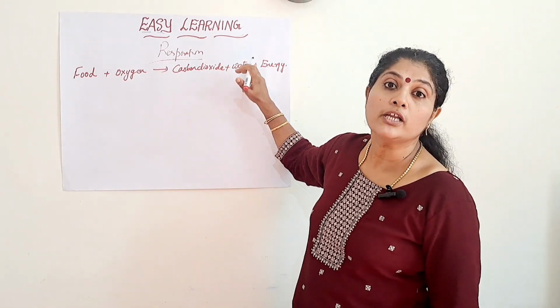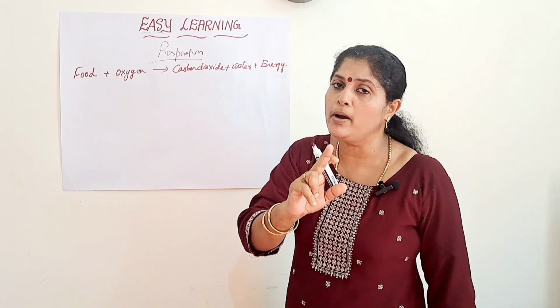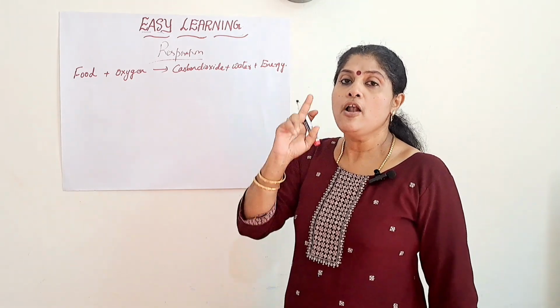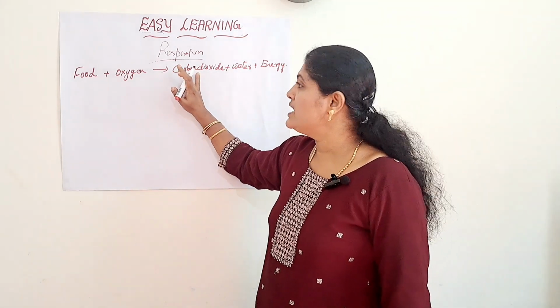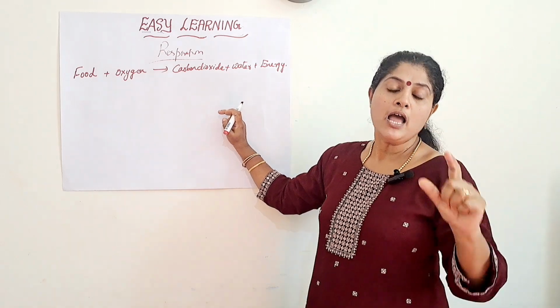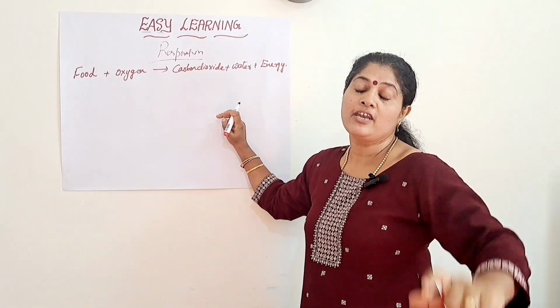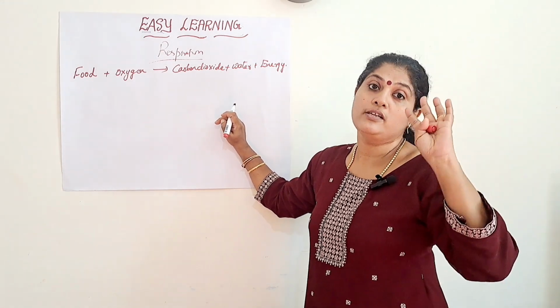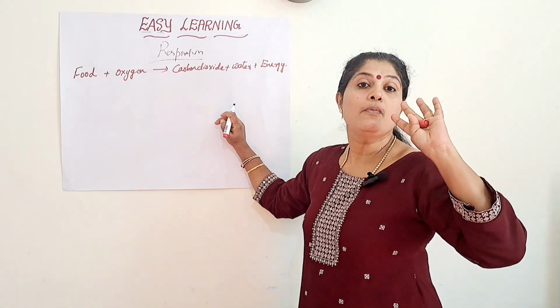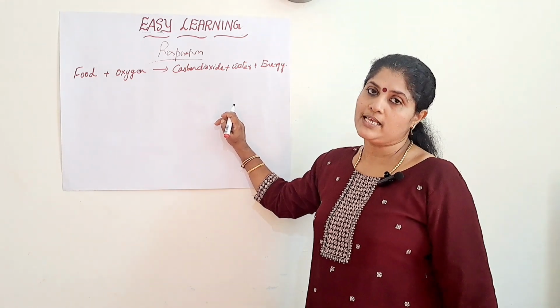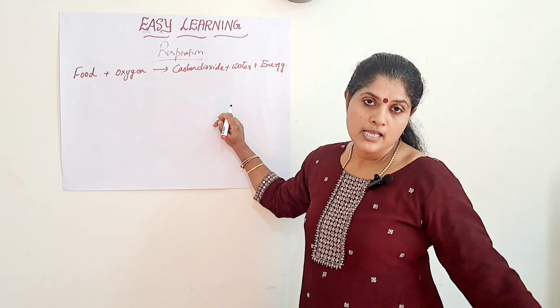Carbon dioxide, water and energy. This you have to recall very well and read very well, in the introductory part of respiration. It is a very important part which will be frequently asked for the board exam, a 2-mark question: justify the statement.